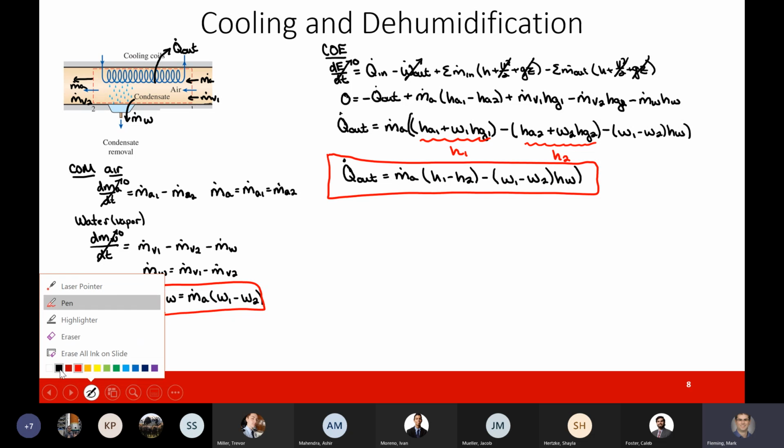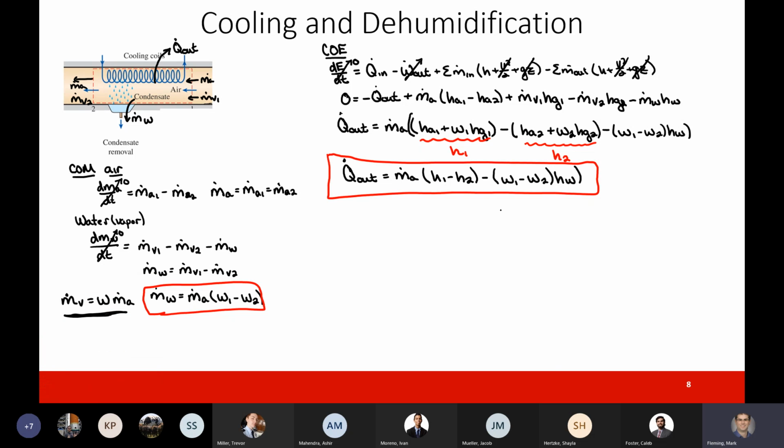Now, the one thing that I'm going to note at this point is that because we have the water leaving, this is going to be a liquid because it has condensed, and we will assume that this can be modeled as a saturated liquid. Remember, the saturated liquid condition is a quality equal to 0. Quality is 0, which means we will have the f side of the table.